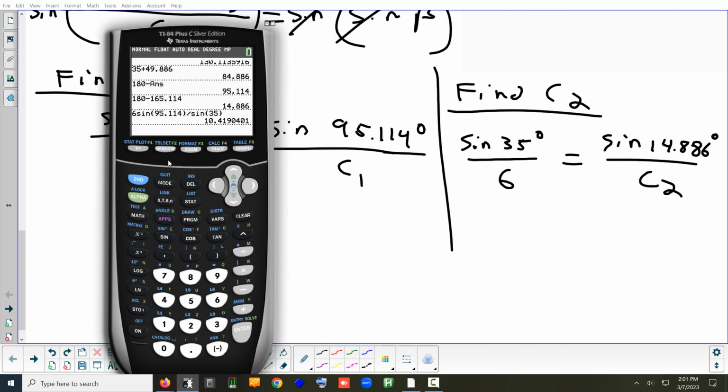Okay, so there's our answer for C1. Now let's type in C2 at the same time. This time it's going to be 14.886. And maybe it's quicker just to retype the whole thing. I still think that's a little quicker. Divided by sine 35.